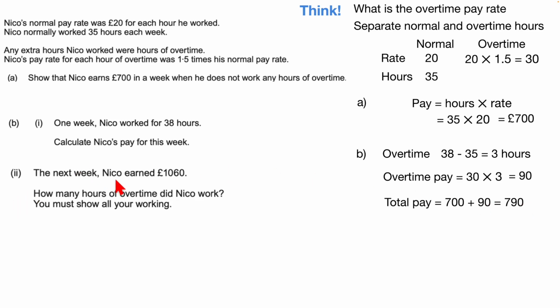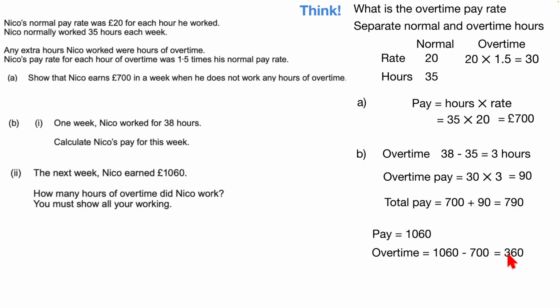The next week, Nico earns 1,060. How many hours of overtime did Nico work? You must show all your workings. Well, we know his pay is 1,060. What he earns in addition to his normal 700 is 1,060 minus 700.